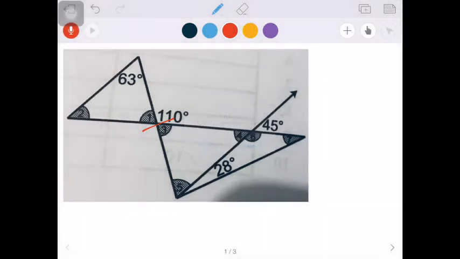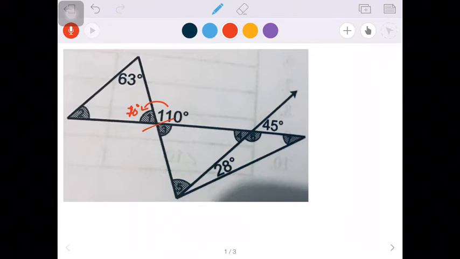The exterior angle measures 110 degrees, and we learned earlier that an exterior angle together with its interior angle pair equals 180. So 180 minus 110, therefore angle 1 is equal to 70 degrees.